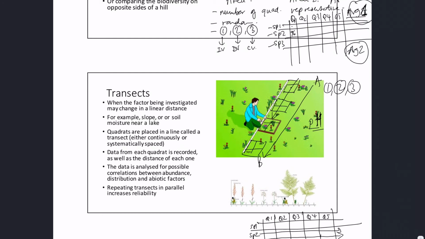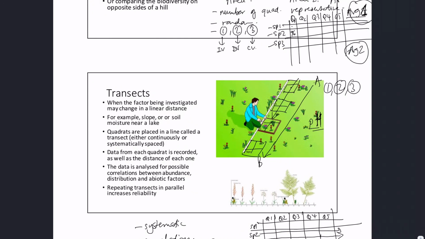When you analyze this kind of transect data, the distribution is not random. When you take your quadrats, it has to be systematic, at regular intervals, not random. And when you analyze the data, you're testing for correlation, not difference.